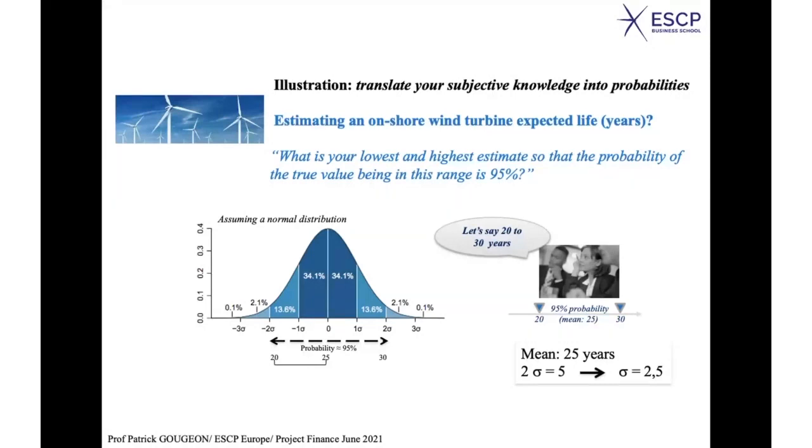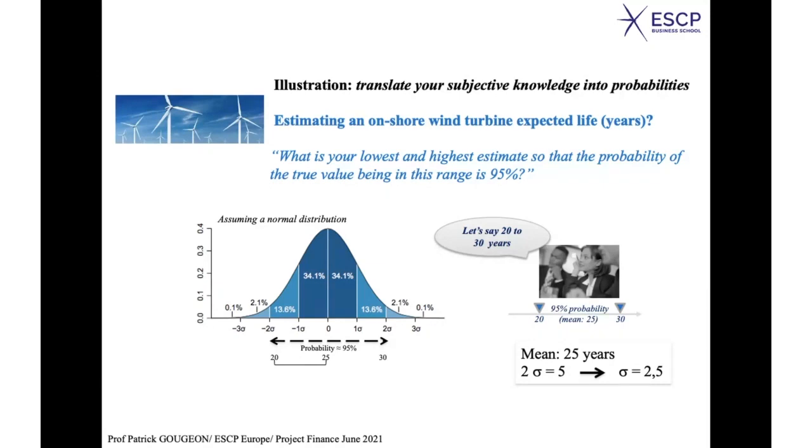In other words, if your estimate is to say that there is 95% chance that the expected life of the turbine is between 20 and 30 years, it means that implicitly, if you assume a normal distribution, and subjectively it's very common to assume a normal distribution, well, it means more precisely that you assume a distribution which is centered on 25 years with a standard deviation of 2.5.